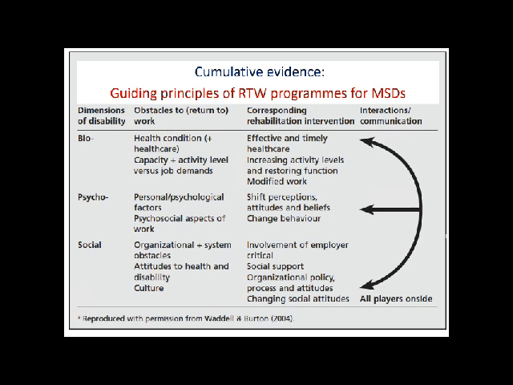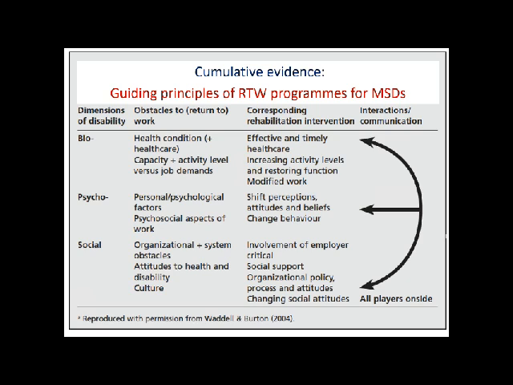There has been great scientific consensus that a successful return-to-work program for people with musculoskeletal disorders should take into consideration the biopsychosocial dimensions of work disability. Many return-to-work programs available today take this perspective into account, and they elaborate a rehabilitation intervention package and program that pretty much follow the principle of reducing all the obstacles to return to work at these three levels, the biopsychosocial.